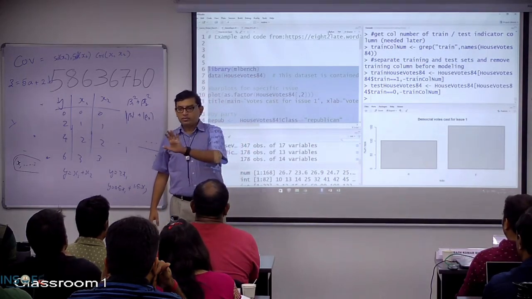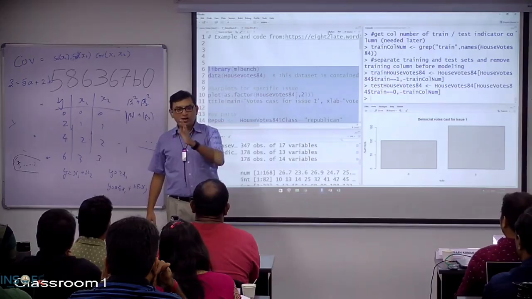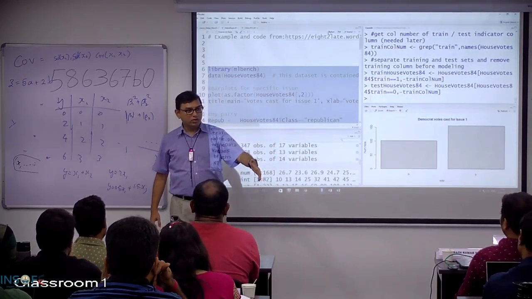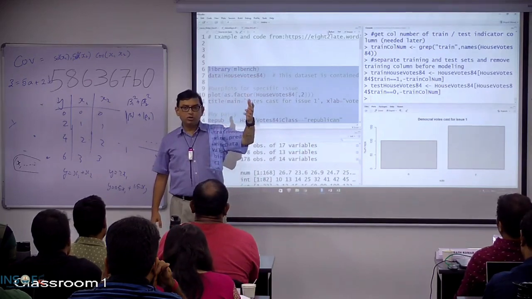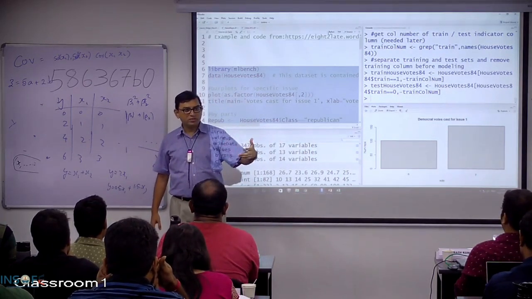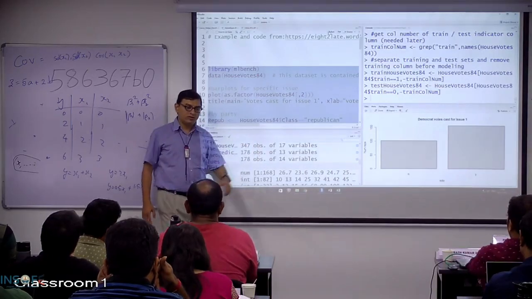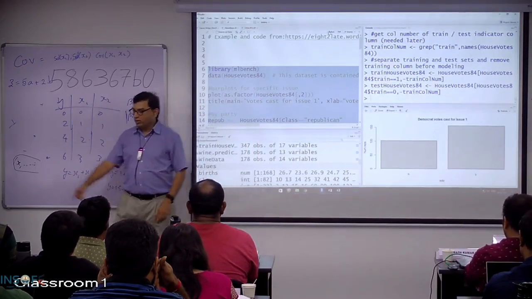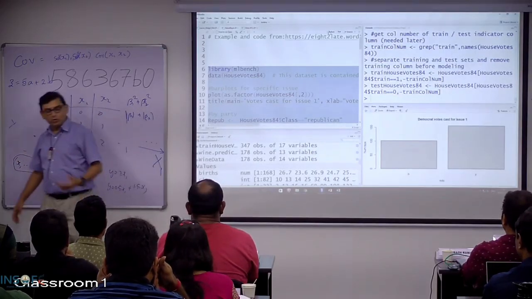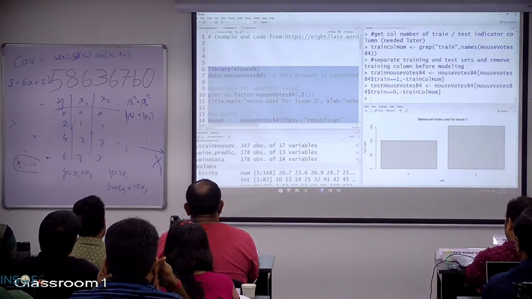If you know which party someone belongs to, you can find out how that party voted on that issue, and you assume that person also voted the same way, which is what happens the majority of the time. So you impute it that way. I have shown you the code for all of that. I don't want to discuss that in class because we are running out of time.